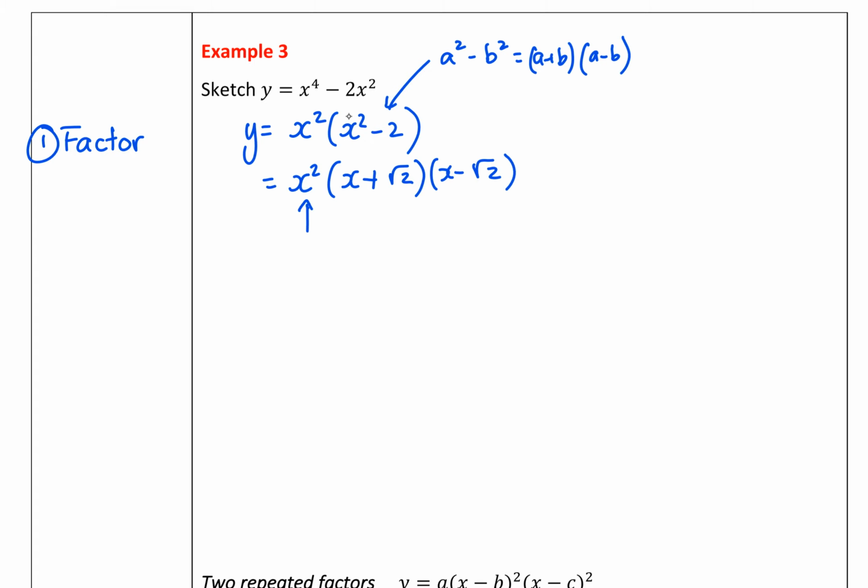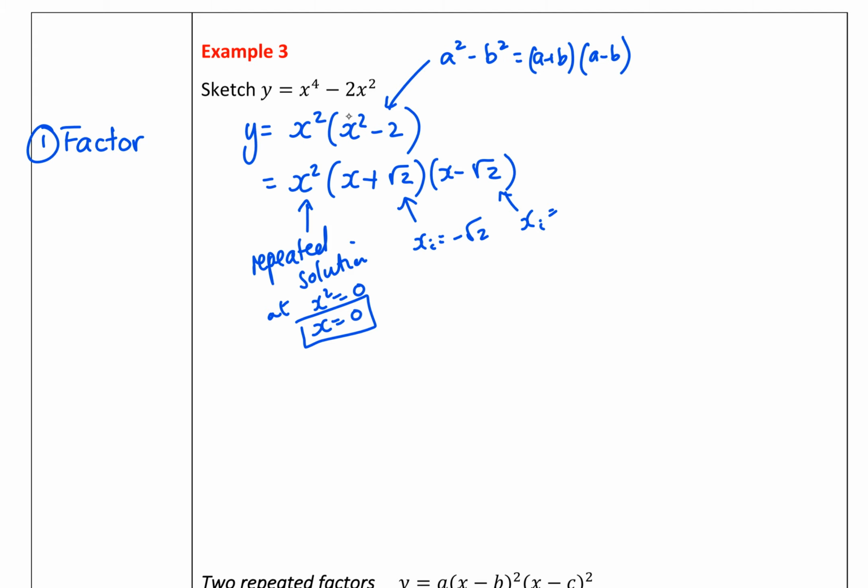Well, we can see that there's a repeated solution at x squared equals 0 or x equals 0. So there's a turning point on the origin. I know that there's an x-intercept at negative root 2 and an x-intercept at positive root 2.